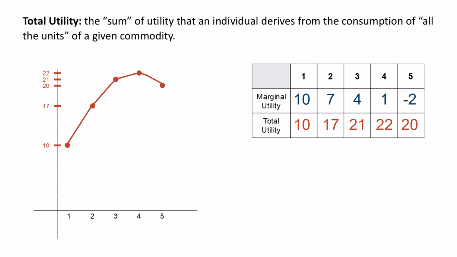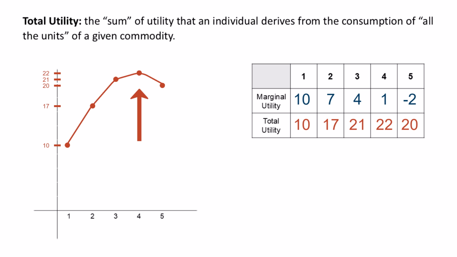And as you see, total utility tends to increase when we consume the same good over and over. However, at some point, we see that total utility starts decreasing. This is because of the overconsumption that I had from the 5th cup of water.